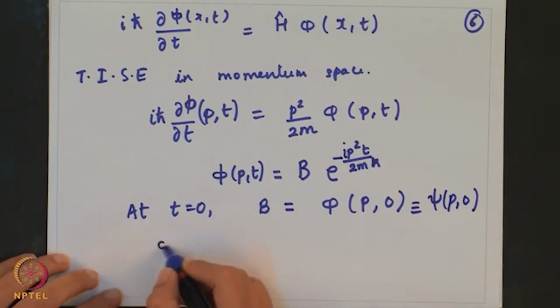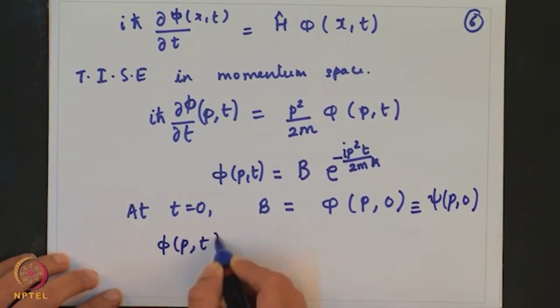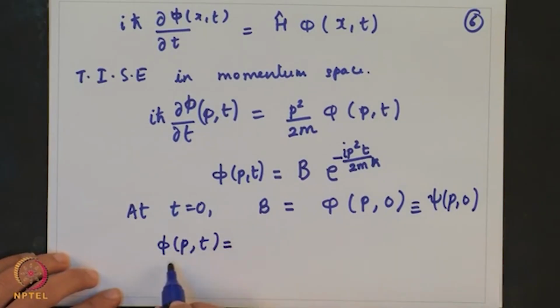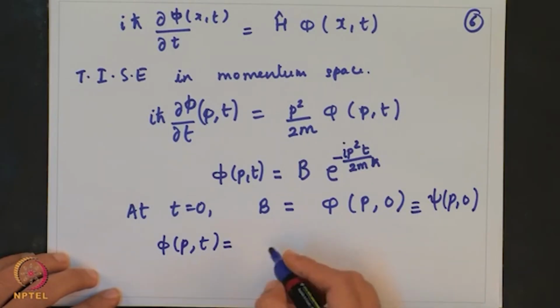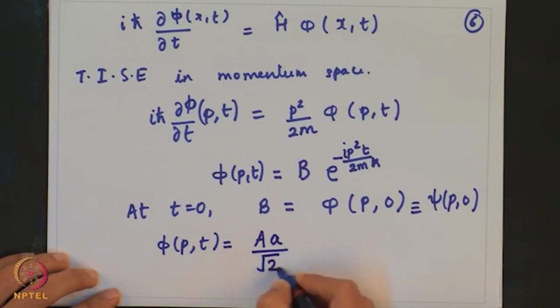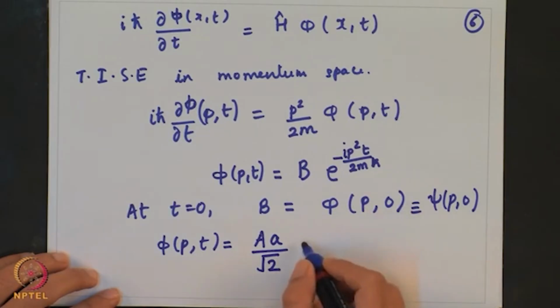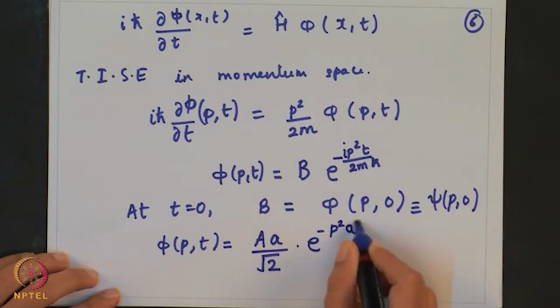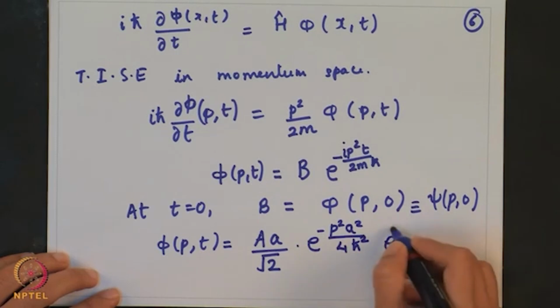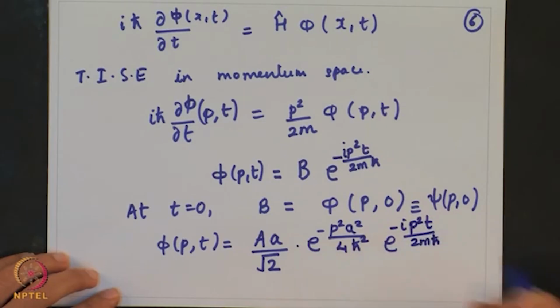So, now the time dependent wave function in momentum space will be a upon square root of 2, substituting for φ(p, 0), times e raised to minus p square a square upon 4 h cross square, e raised to minus i p square t upon 2m h cross.